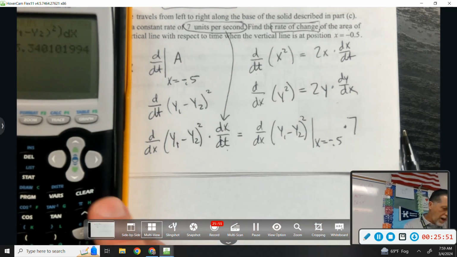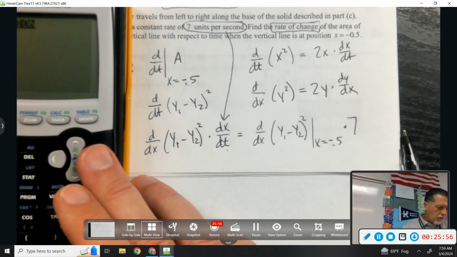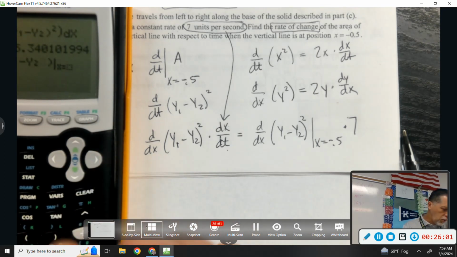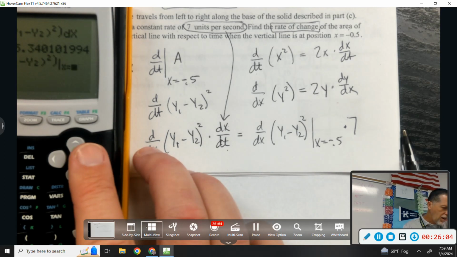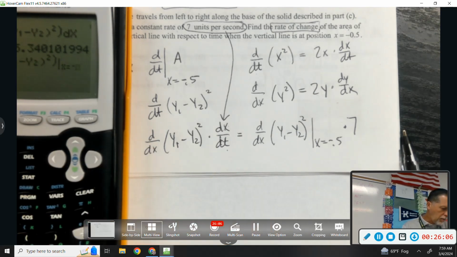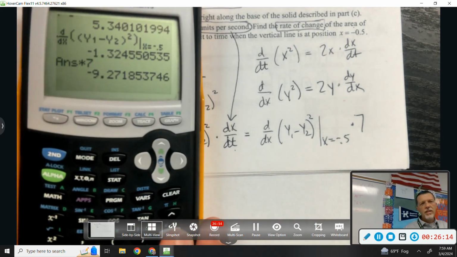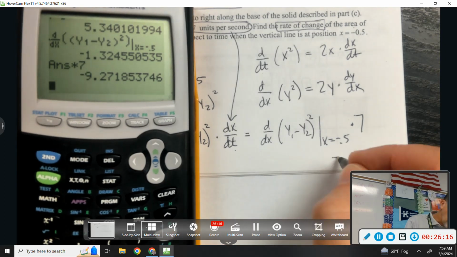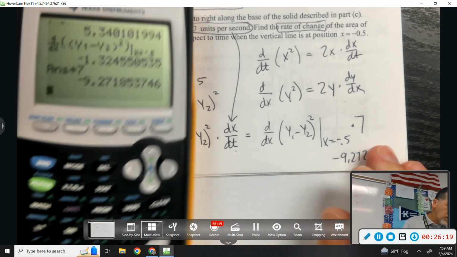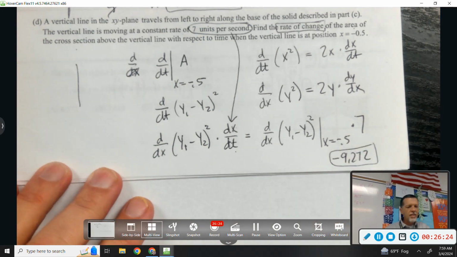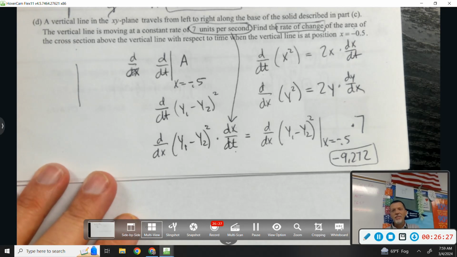Okay, so math 8, derivative of y1 minus y2 squared at negative 0.5, but then times 7. Negative 9.272. That's a crazy one.